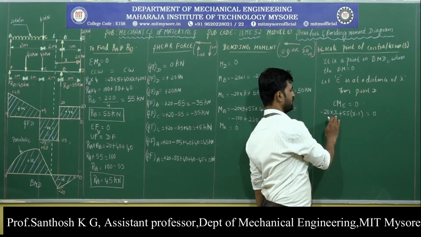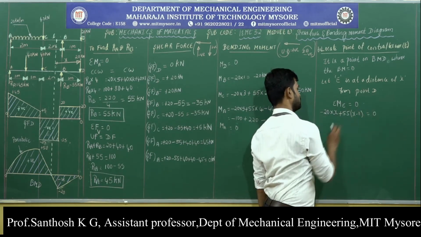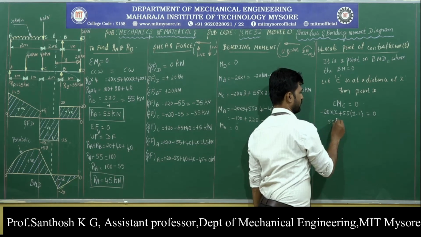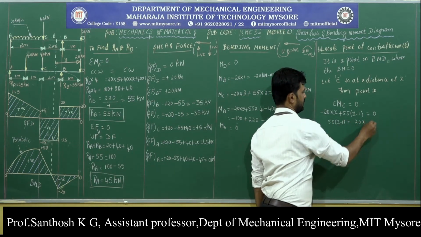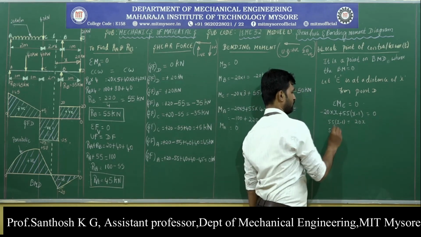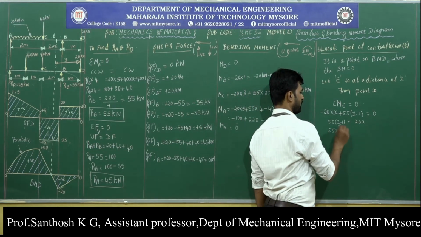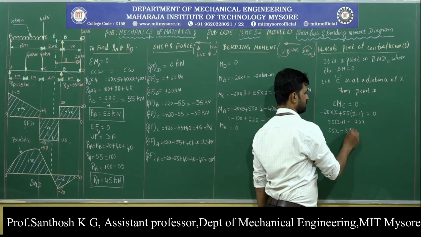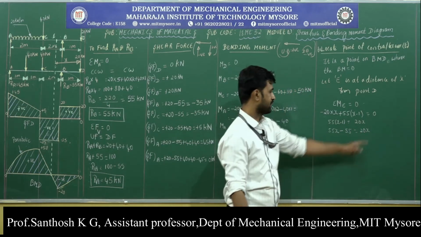So I have written it with a positive sign and its summation is 0. Since this minus 20 into x is having a negative sign, I will send it towards right side. So 55 into x minus 1 equals 20 into x. Now you multiply 55 with the terms inside the bracket. Therefore I get 55 into x minus 55 equals 20 into x.